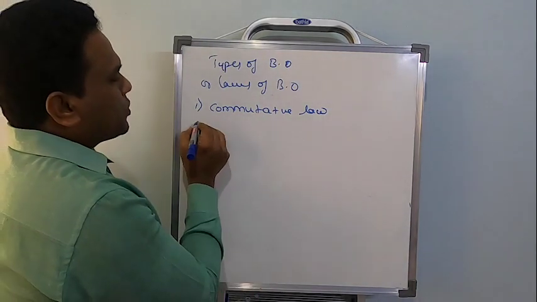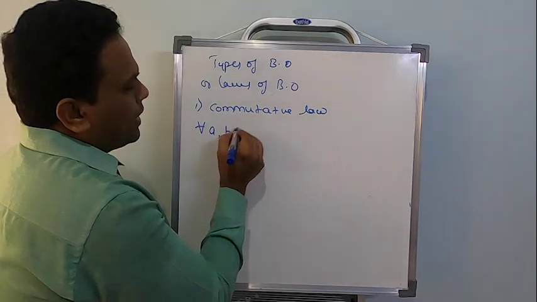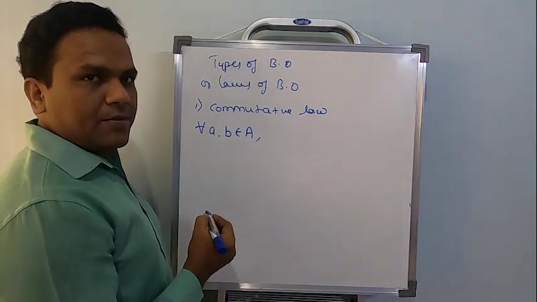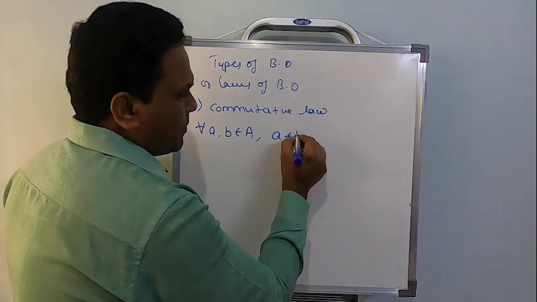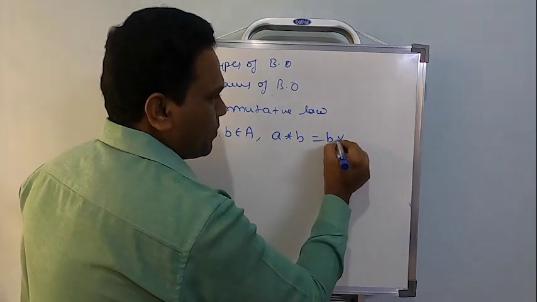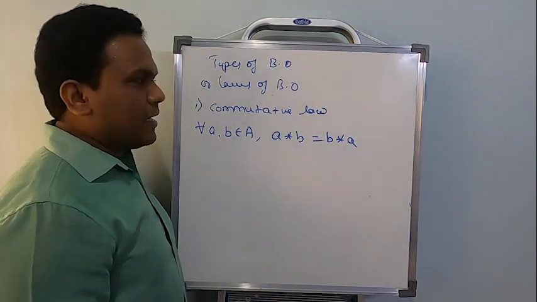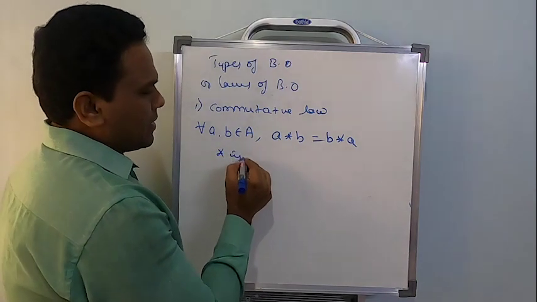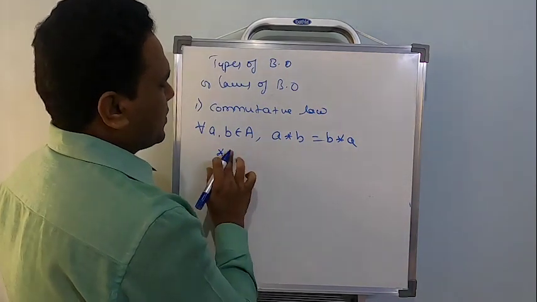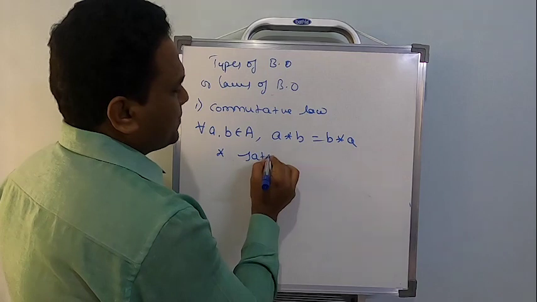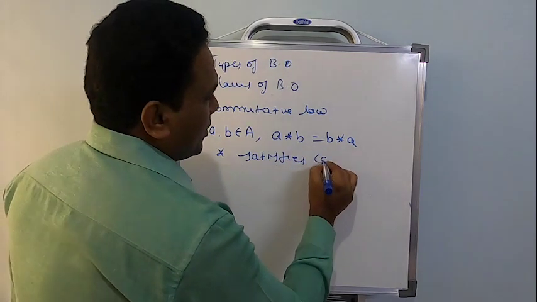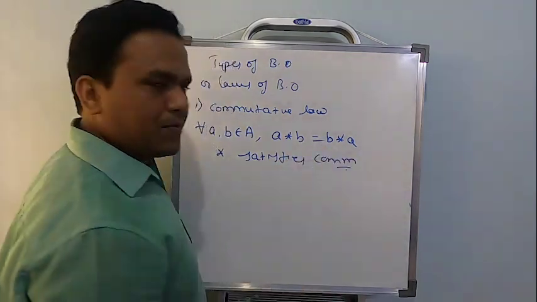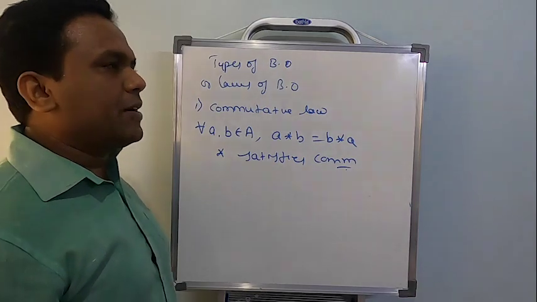Quite simple. So for any two elements belonging to the given set, if you do A star B, that should be equal to B star A. Then the operation star satisfies the commutative property. Simple definition for commutative.